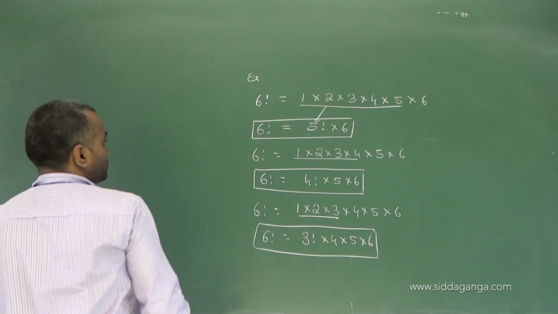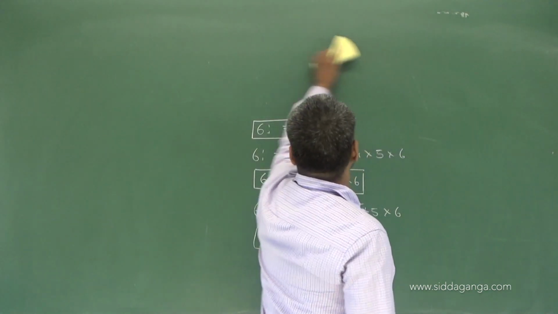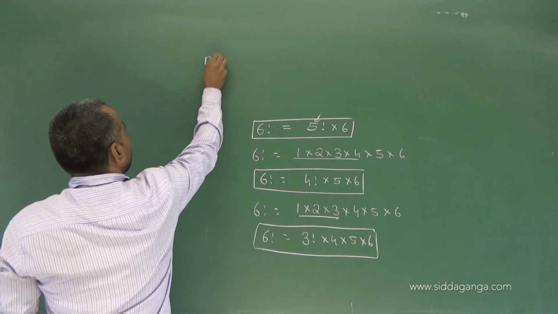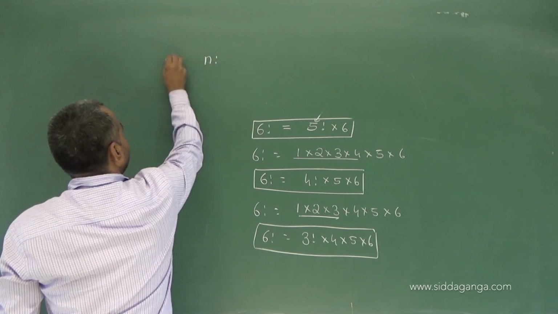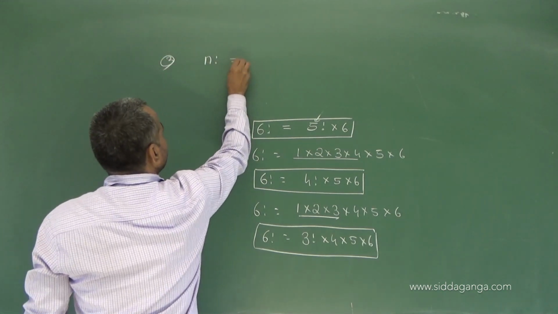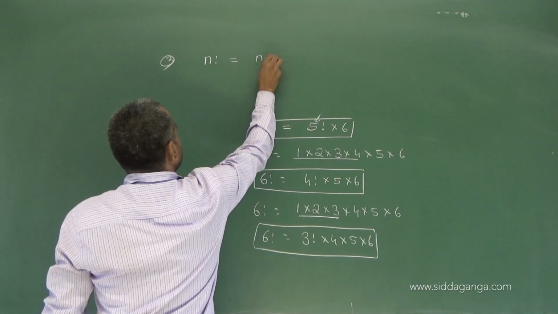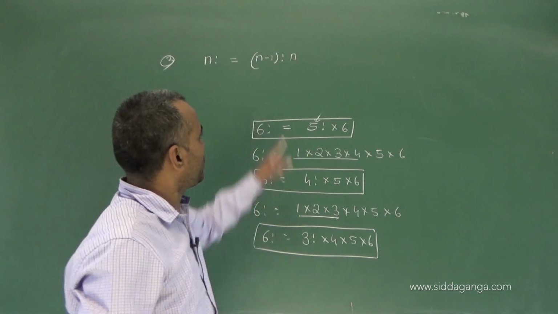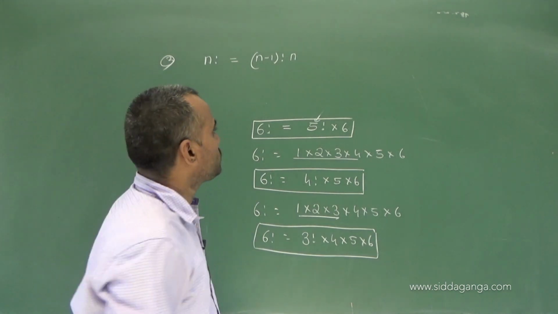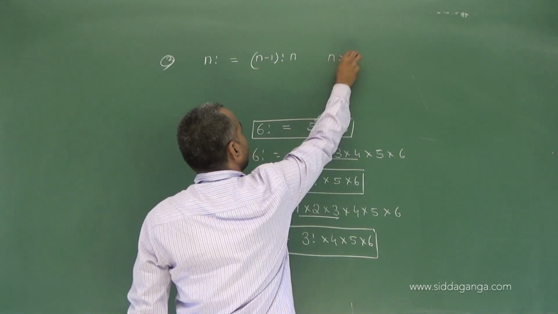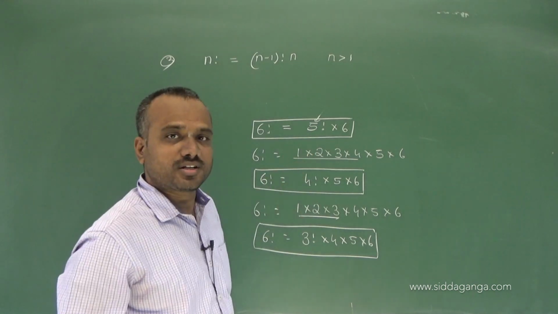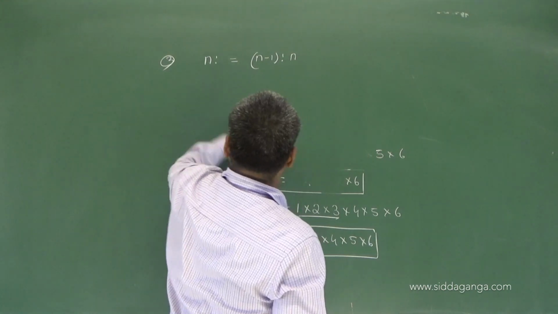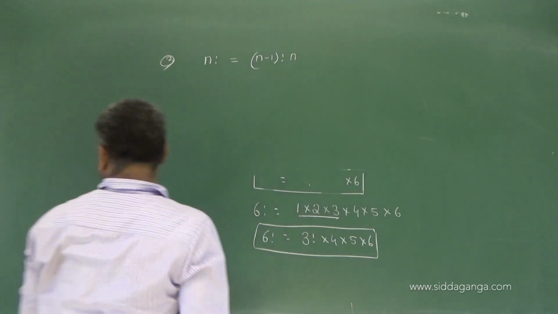Why do I write all these examples? In general, that is very important. In general, n factorial, I think this is note number 3. n factorial we can write as n minus 1 factorial into n, where n is greater than 1. n factorial can be written as n minus 1 factorial into n.